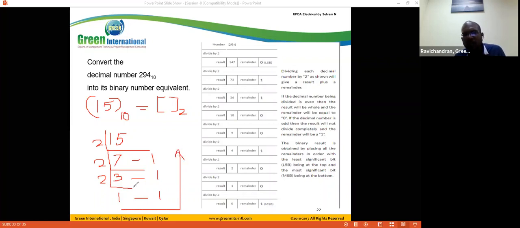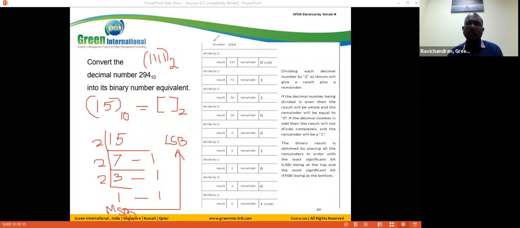And another important point: we read from the arrow, from here to here. This value is the most significant bit and this is the least significant bit. The answer is 1 1 1 1 base 2. So that is decimal to binary.